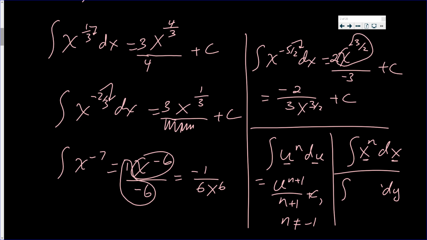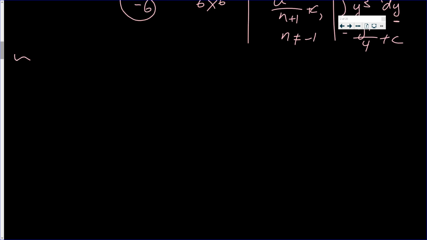If you were asked to do y cubed, well, this would just be y to the 4 over 4 plus c. As long as those letters are the same, that's all that matters. They can be anything. Now that we reviewed, let's do some real U-substitution problems.